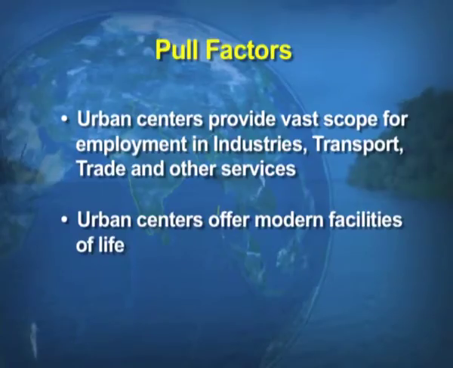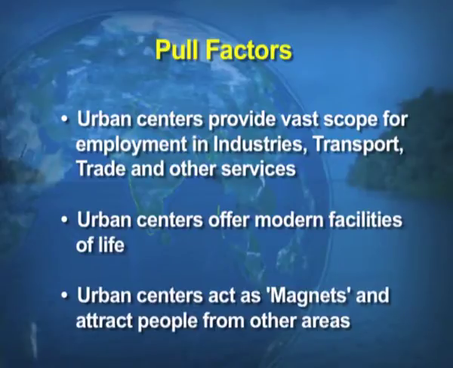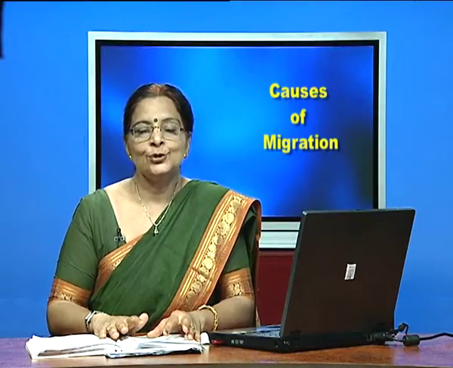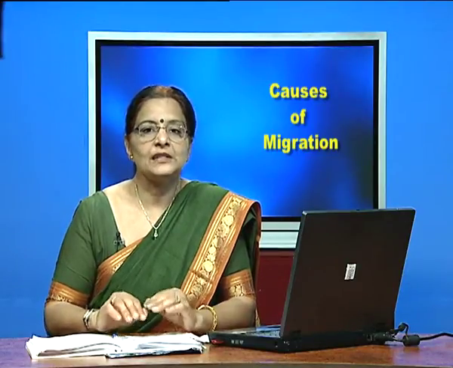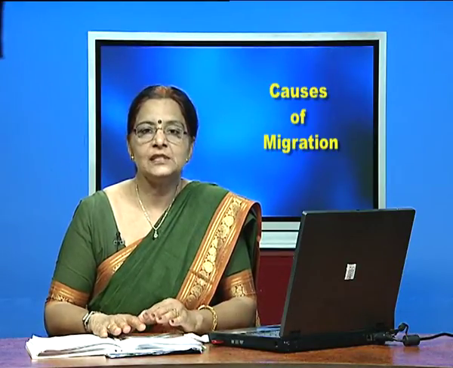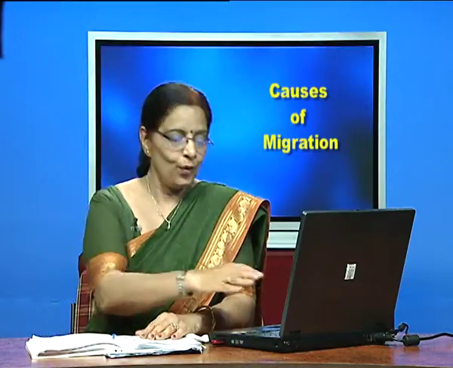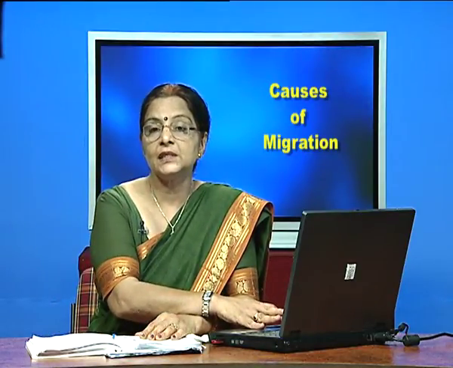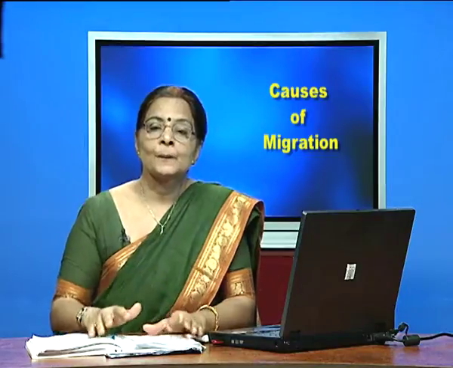And the urban centers offer the modern facilities of life. This is also an attraction to the people. Urban centers act as magnets and attract people from other areas. So, when people get better opportunities or better facilities of life, all these factors are termed pull factors.